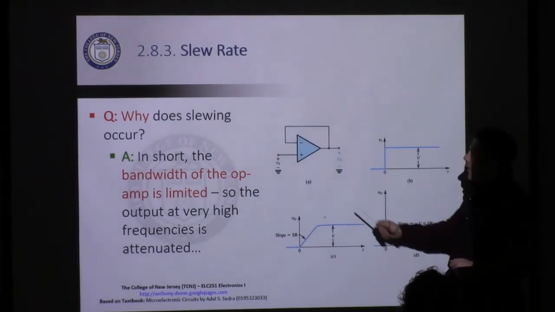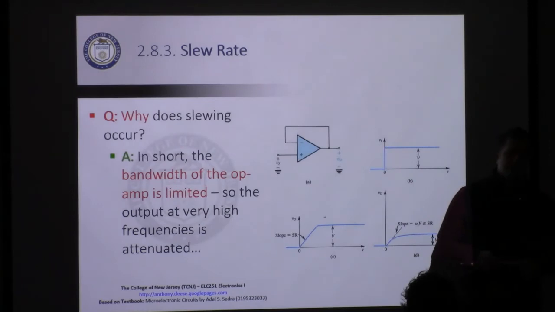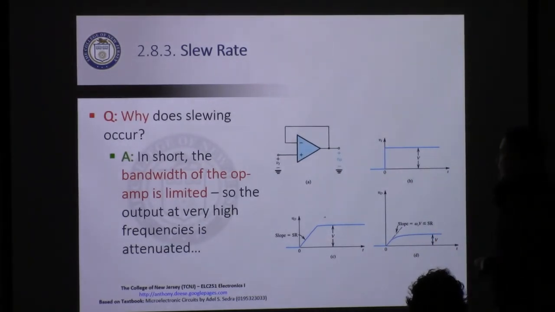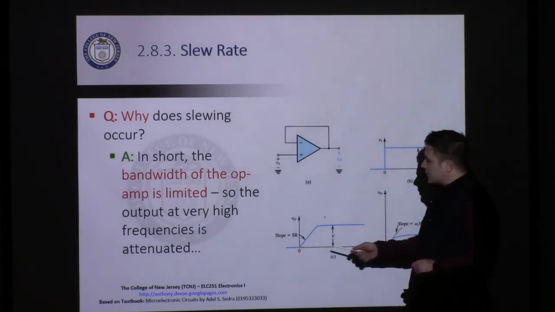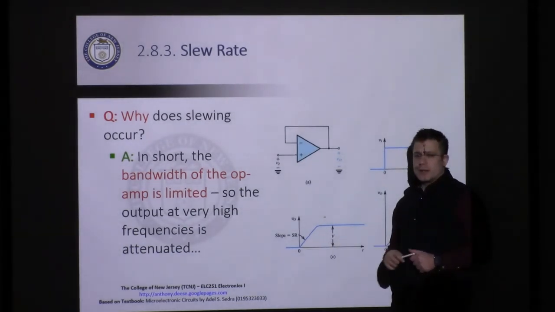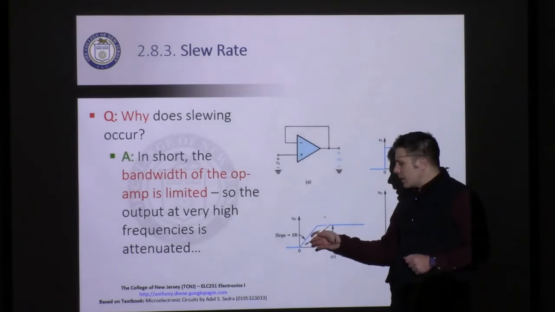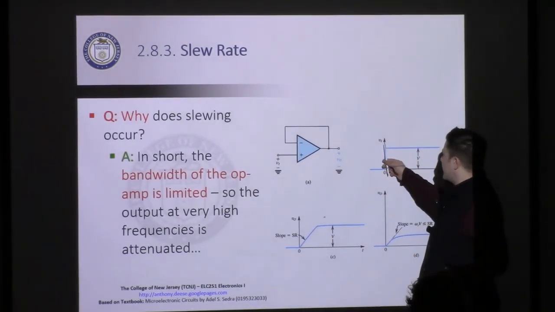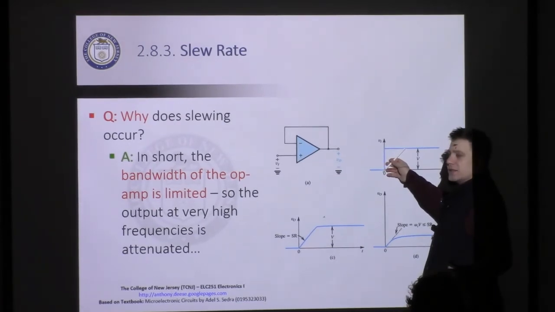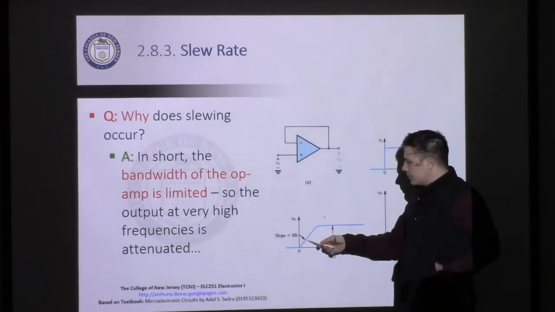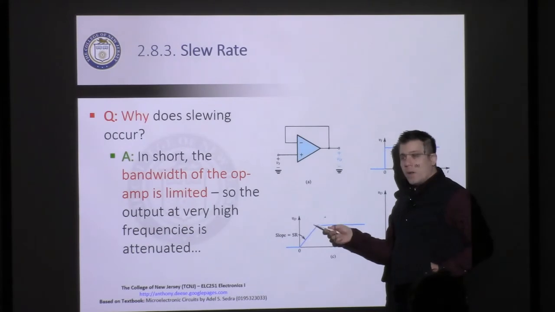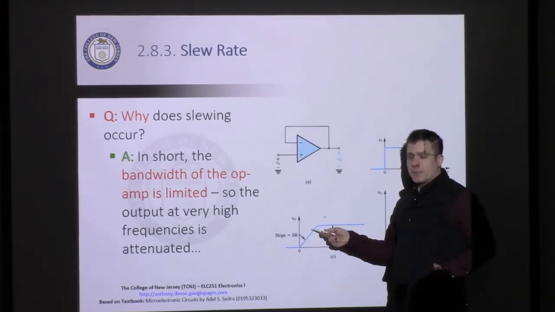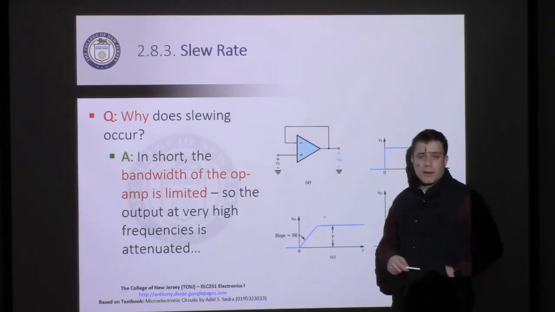But we know that the amplifier is internally compensated, okay, which means that it will have some sort of a short transient response. So instead of being able to pop directly up to this value, whatever it is, there will be a slope here. So we call this slope the maximum rate of change that this amplifier output can experience. We call it the slew rate.